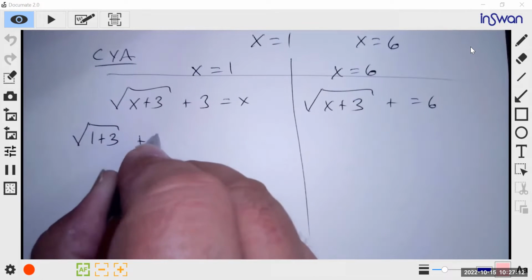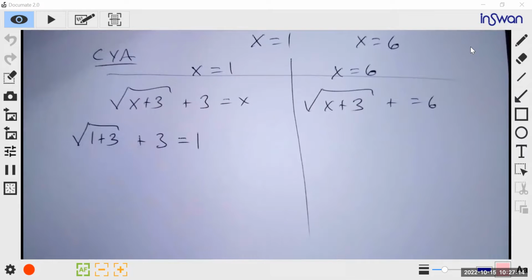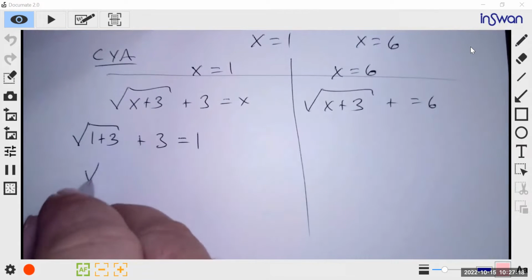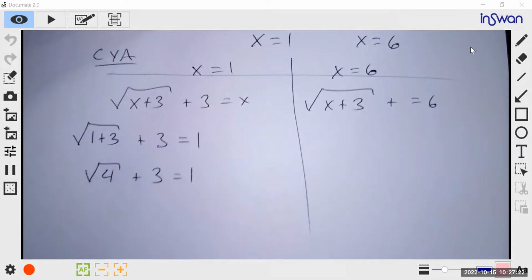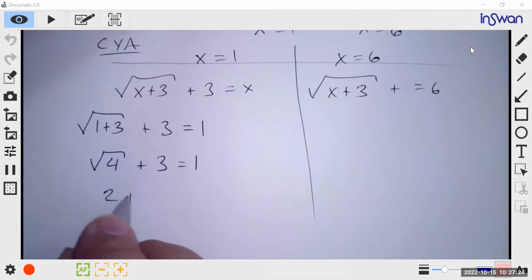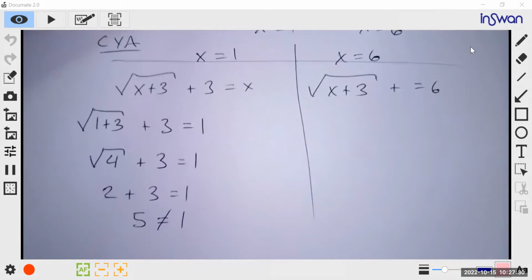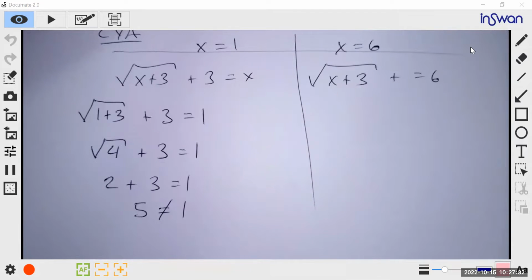Square root of 1 plus 3 equals 1. Anywhere I see an x, put a 1. So when x is 1, it doesn't work. So that cannot be our solution.